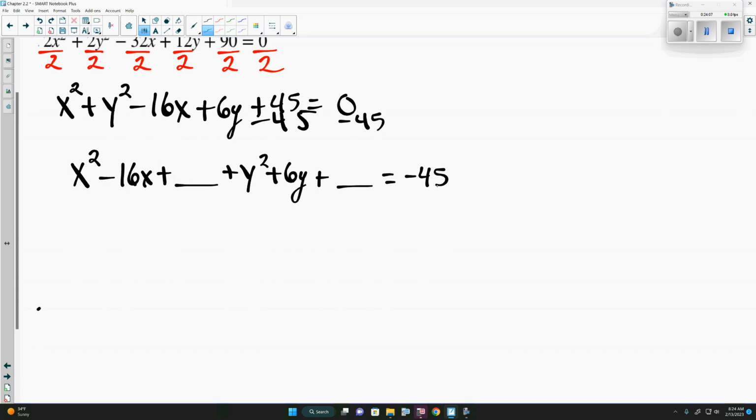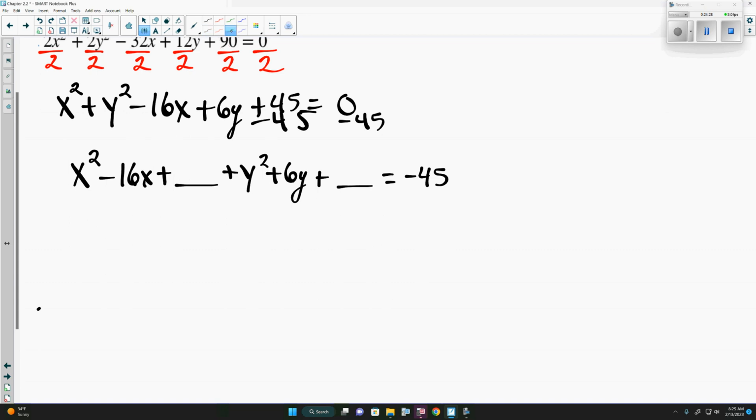Really we want the x's together, the y's together, and the constant numbers to move to the other side. Because again, in the standard form of a circle, the x's and y's parentheses are on the same side, and our constant terms are on the other.